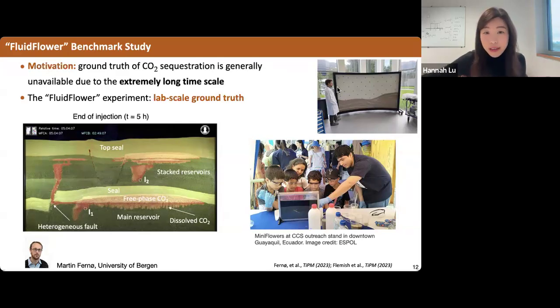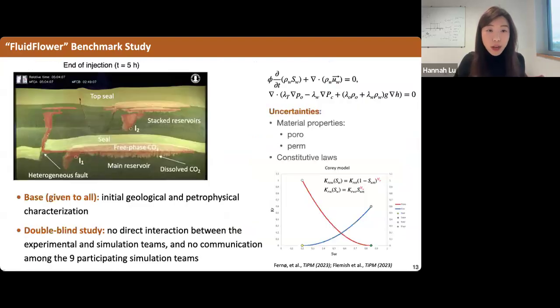It also has some sensors in the back of the tank to collect pressure data. They have a series of experiments with different sizes, geometries, and injection designs of the tank. They are continuing these experiments in museums and in classrooms, very cool, to educate the public about CO2 sequestration. This experiment is also used as the basis for a benchmark study participated in by 9 groups around the world.